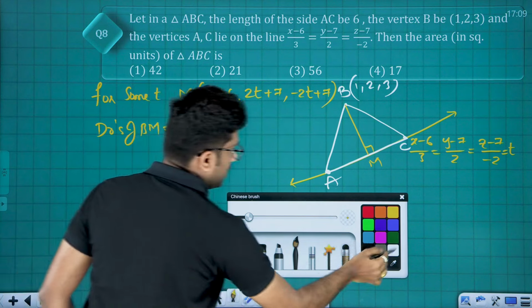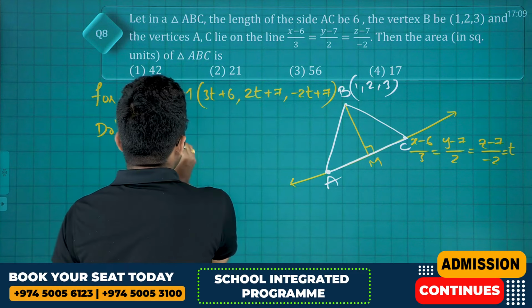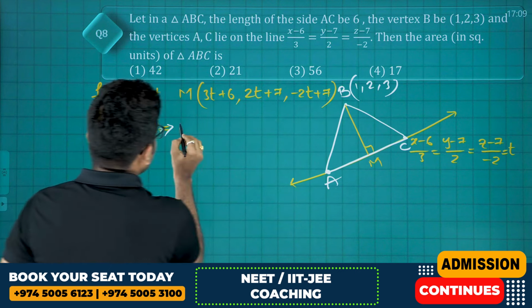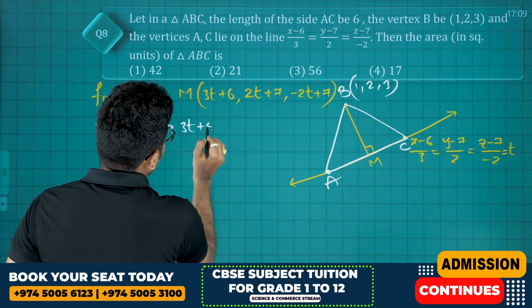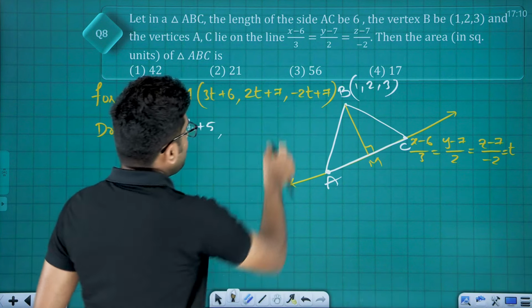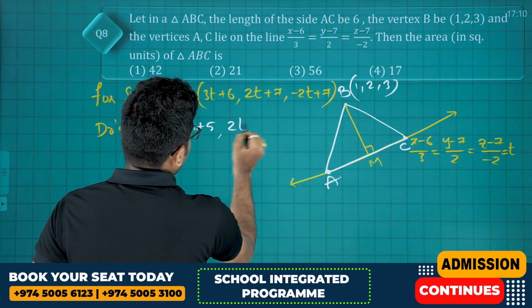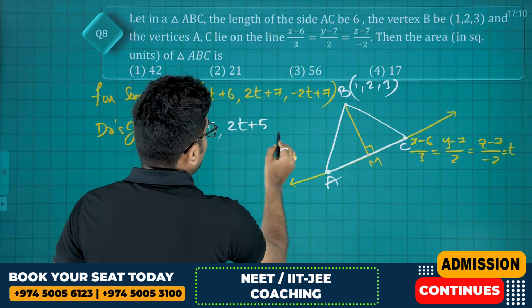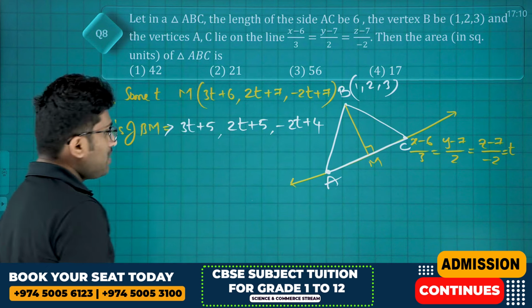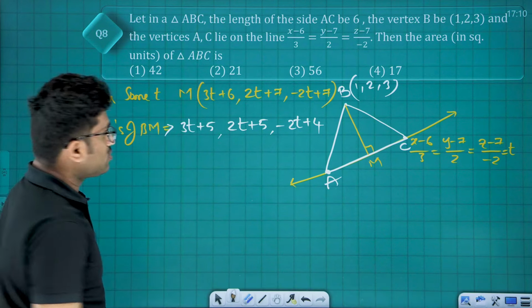Now DRs of BM will be (3T plus 6 minus 1), that is 3T plus 5, comma (2T plus 7 minus 2), 2T plus 5, comma minus 2T plus 4. So BM is perpendicular, same as usual, same story friends.